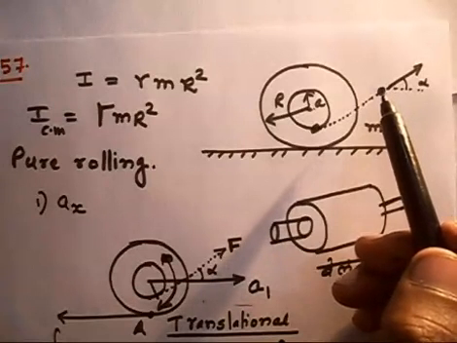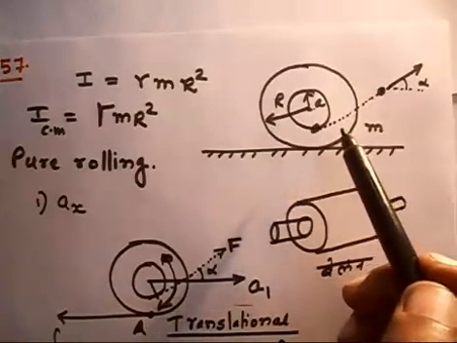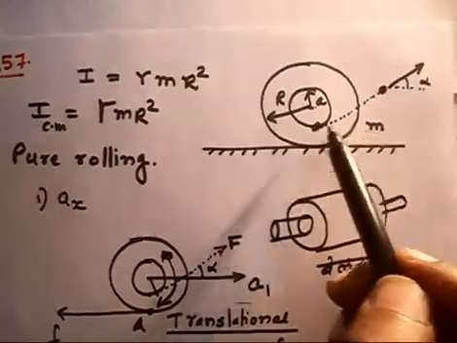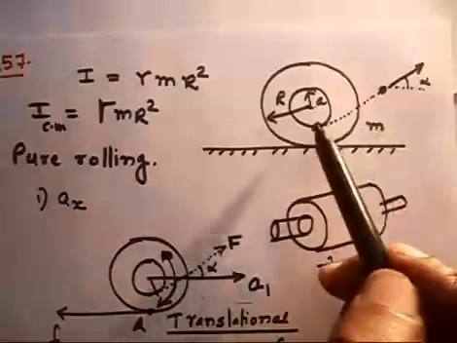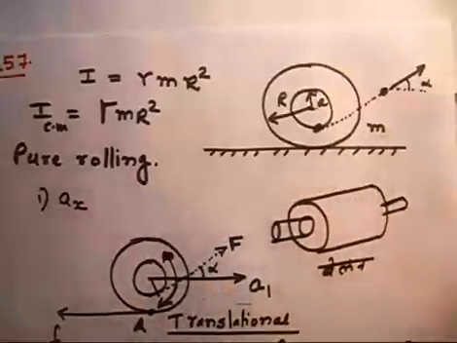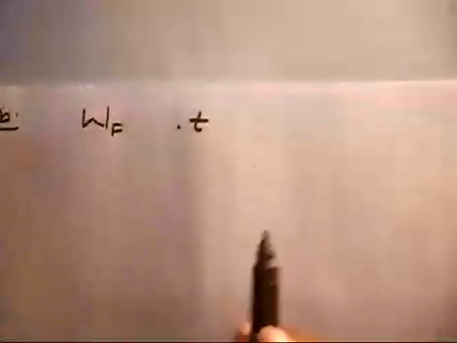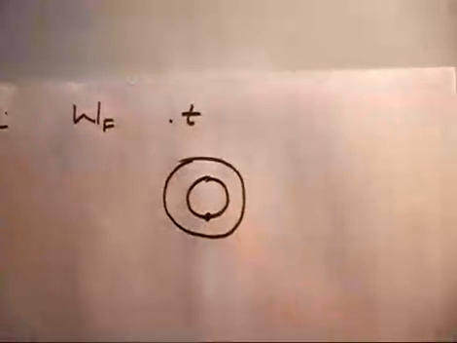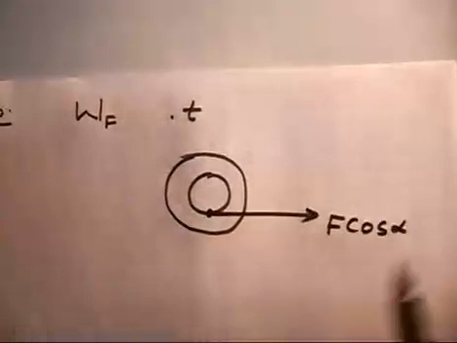Or I can do one more thing. I can find the acceleration of this point, and then multiply by F cos alpha, because the point of projection in this direction will have only F cos alpha force, and in this direction F sin alpha. The point of projection is moving in this way, but this is its force, so I have to multiply by F cos alpha. So my target is to find the acceleration of this point, and then multiply by F cos alpha into ds.